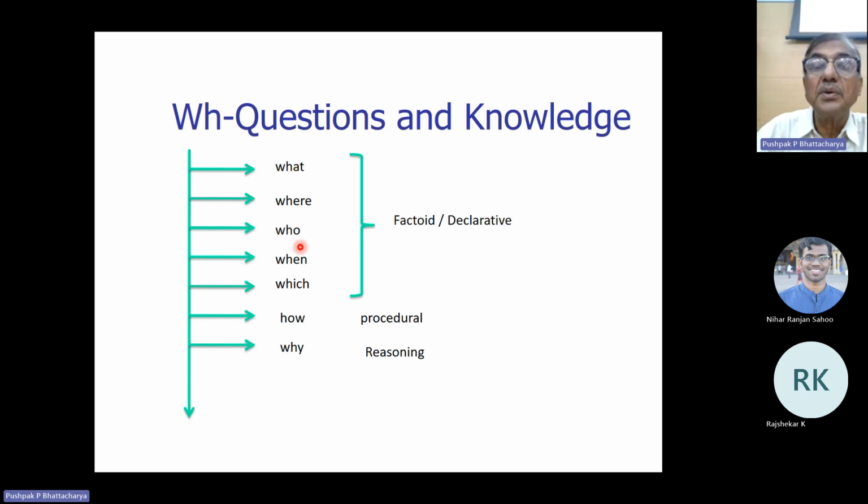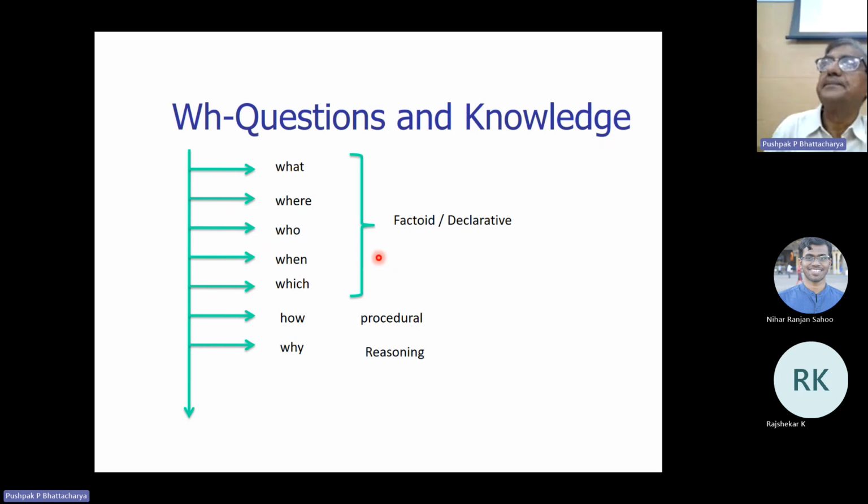What, where, who, when, which, how, and why. These are basics of any question answering system, not in terms of automation, but in any question answer. Out of these, what, where, who, when, which are called factoid questions.